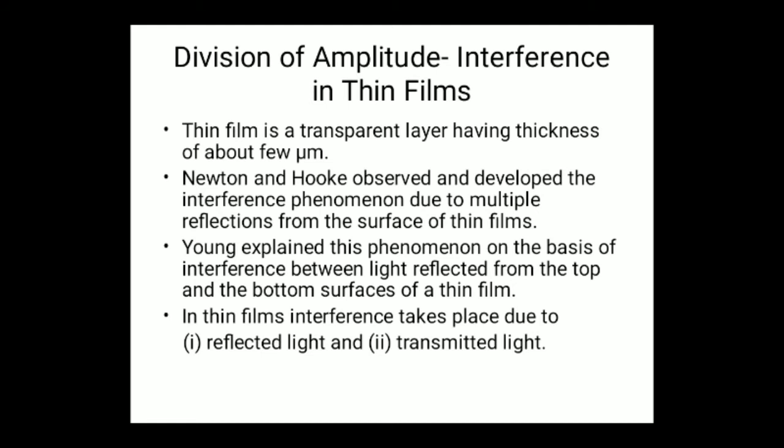Newton and Hooke observed and developed the theory. Thomas Young explained this phenomenon on the basis of interference between light waves reflected from the top and bottom surfaces of a thin film. In thin films, interference takes place due to reflected light and transmitted light.